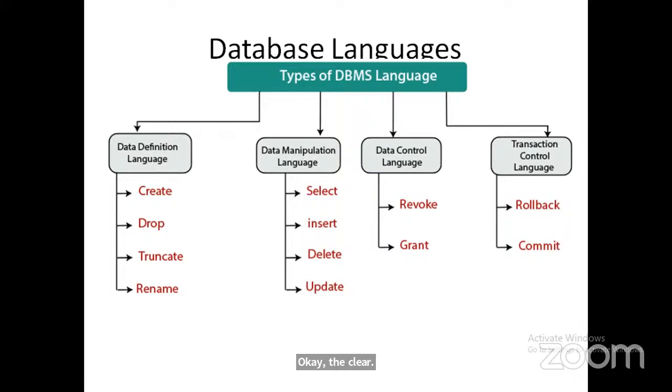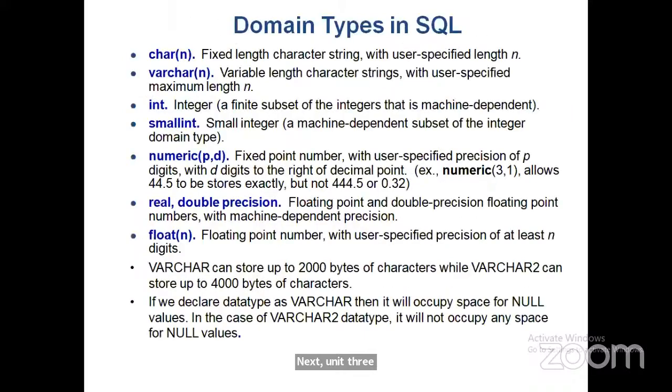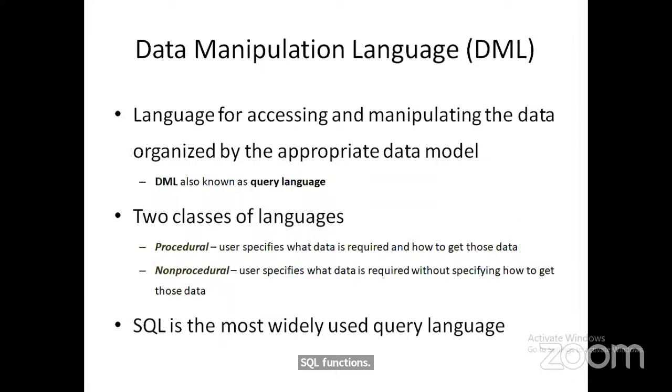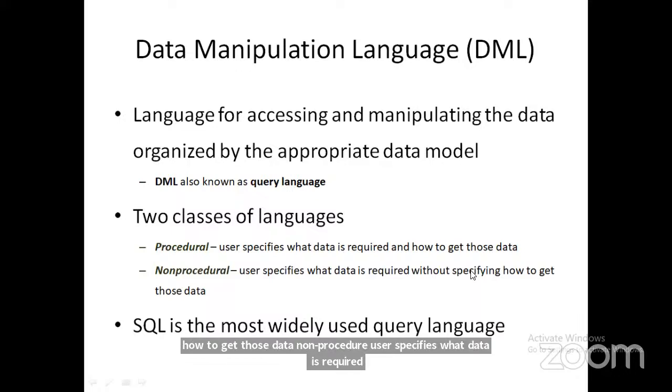Next, unit 3, SQL functions. In data manipulation language there will be 2 classes of languages, procedural and non-procedural, you need to mention this. In procedural, the user needs to specify what data is required and how to get that data. In non-procedural, the user specifies what data is required without specifying how to get that data.